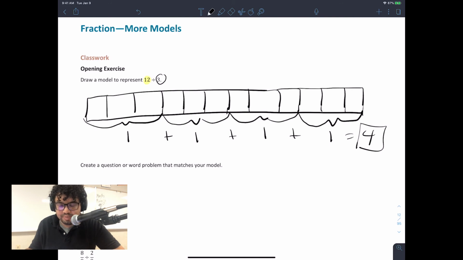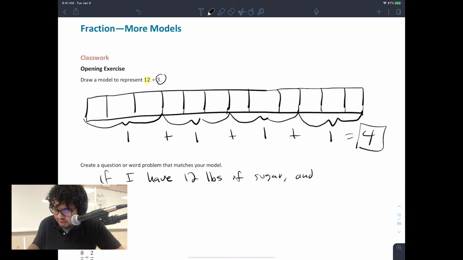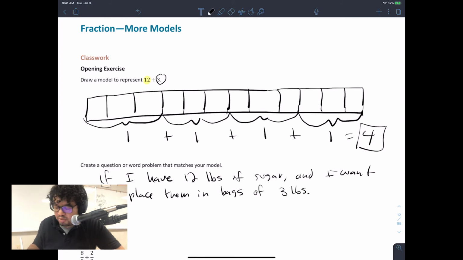One example would be: if I have 12 pounds of sugar and I want to place them in bags of 3 pounds, then the question could be, how many bags can I fill?